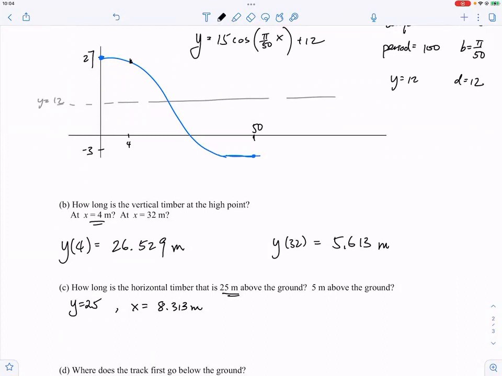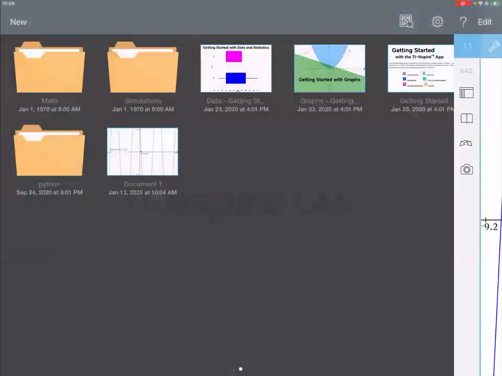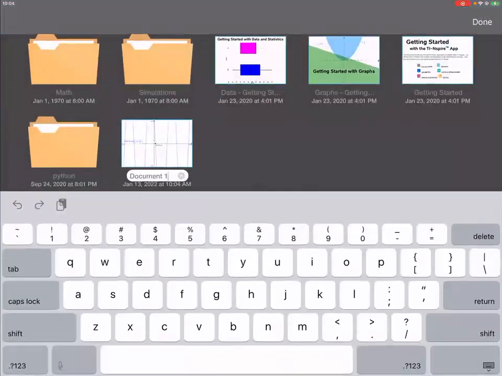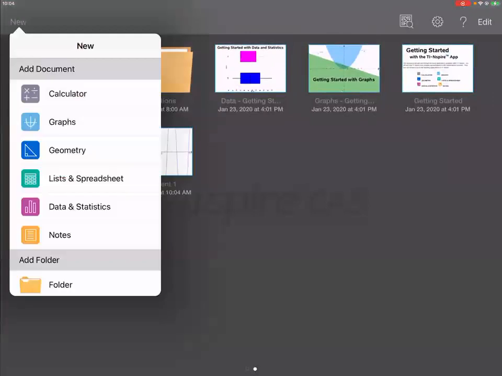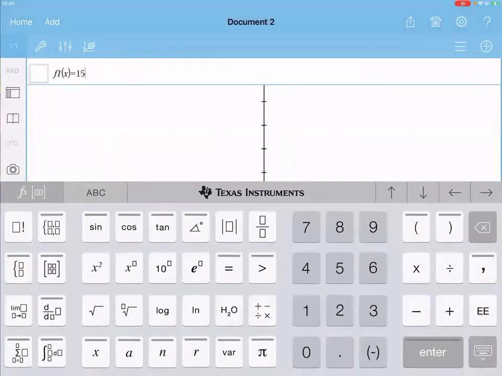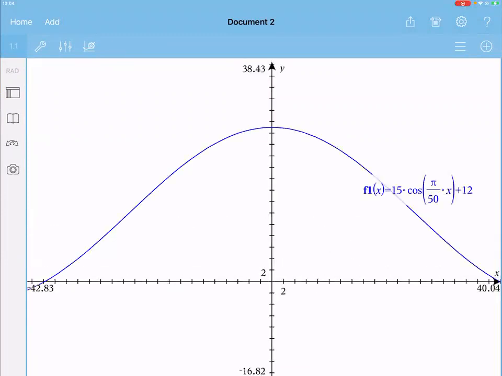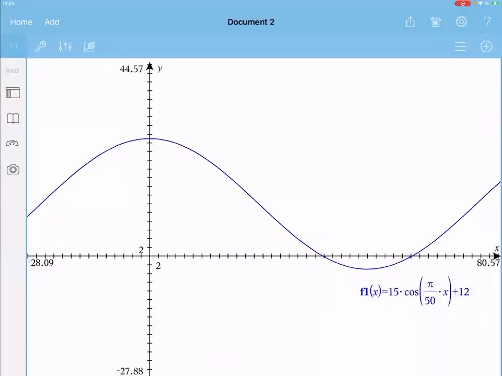Let me go ahead and plot this one out for you. Let me get a new graph. 15 cosine of pi over 50 times x, and then plus 12. I need to adjust my graph.